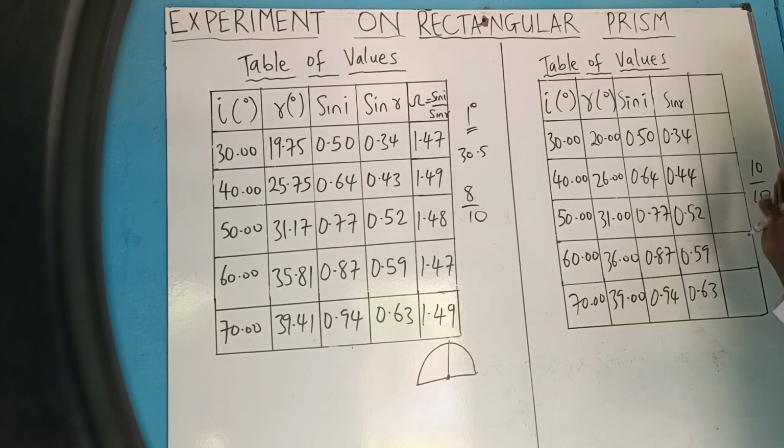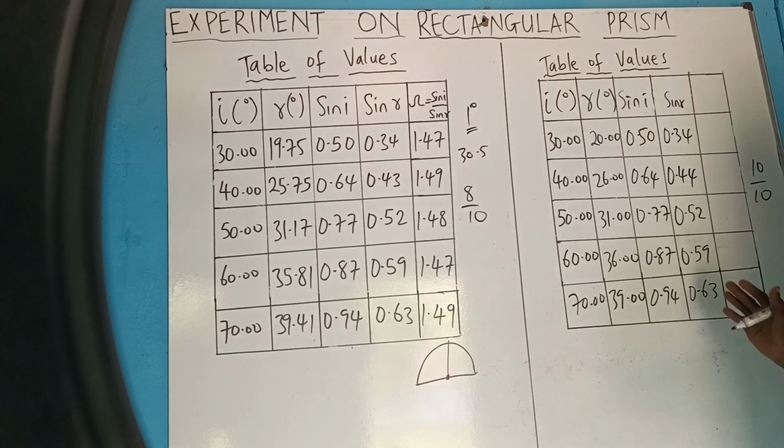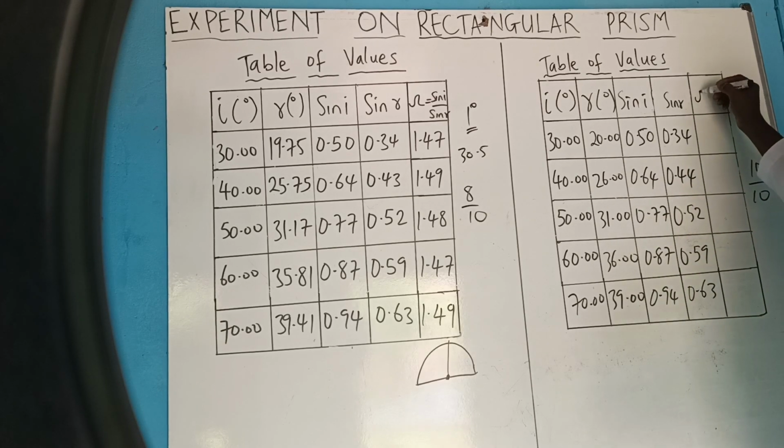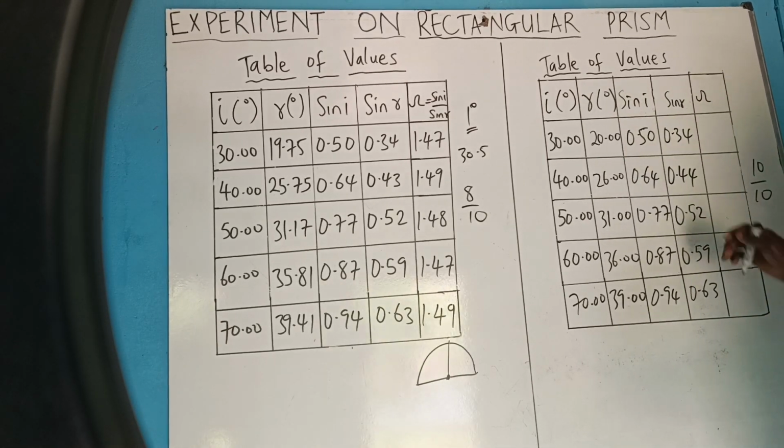Now this table has no effect on your graph. You shouldn't change the graph you have plotted. Just do it. Then we now get our refractive index, which is sine I over sine R.